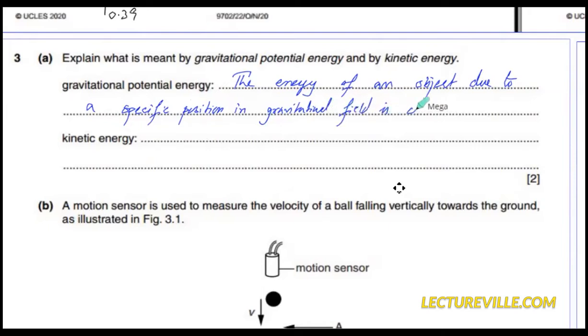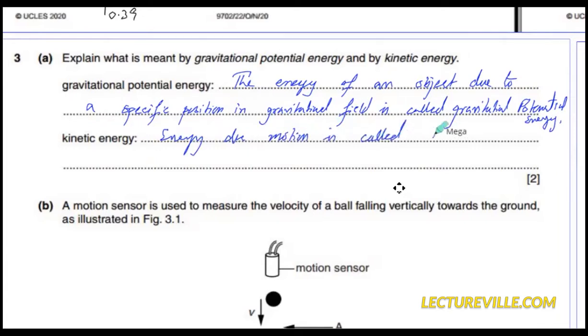It is called gravitational potential energy. Kinetic energy is energy due to motion. It is called kinetic energy.